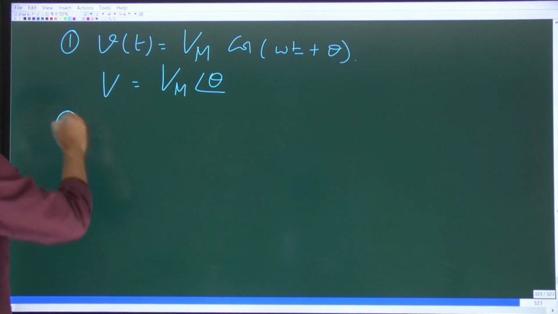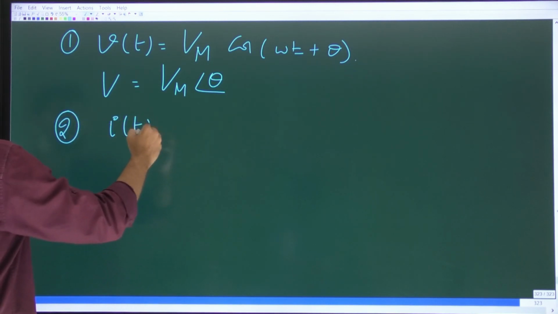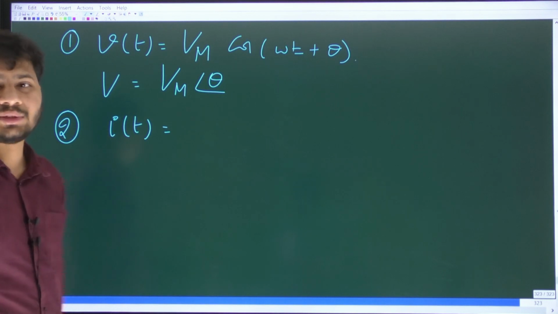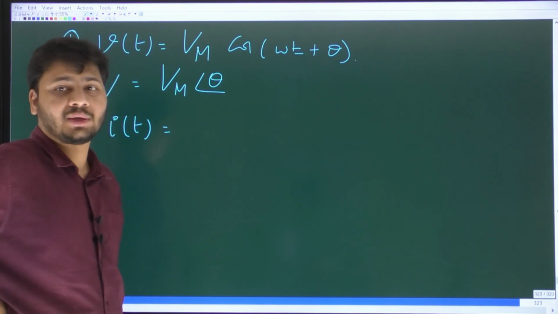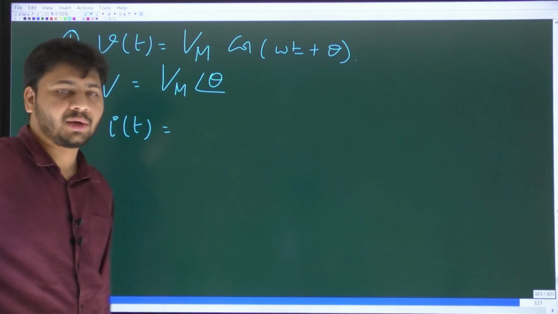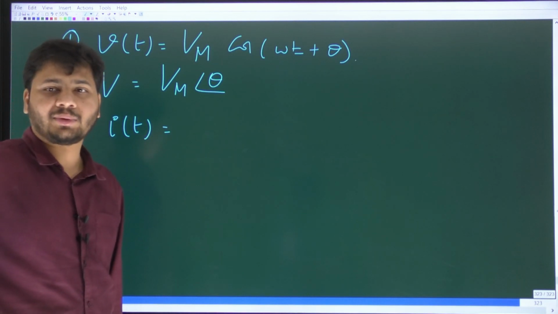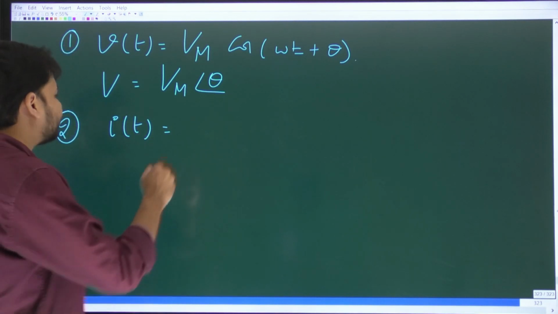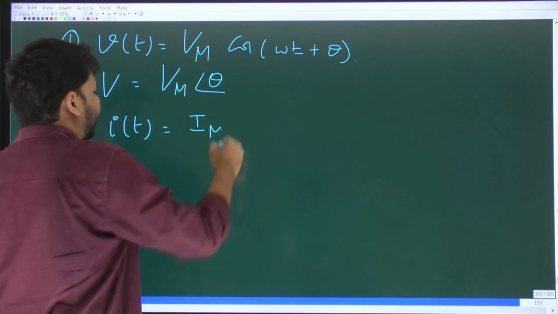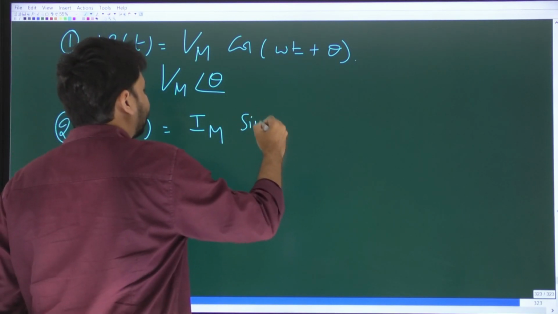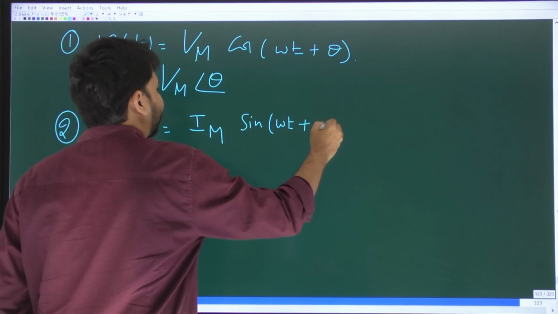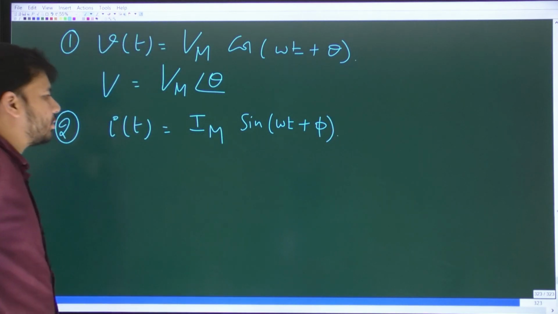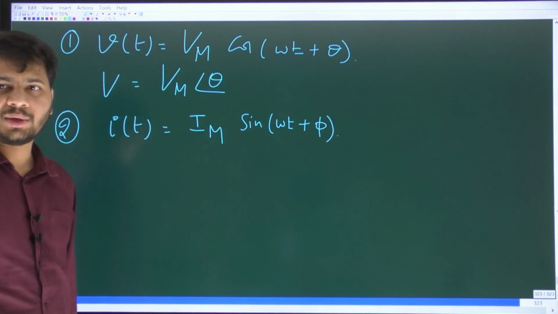And then let's say we have a sinusoidal current which is expressed as a sine function. Earlier the voltage was expressed as a cosine function. Now let's say the current is expressed as a sine function. Let that sinusoidal current be some Im sin omega t plus phi.